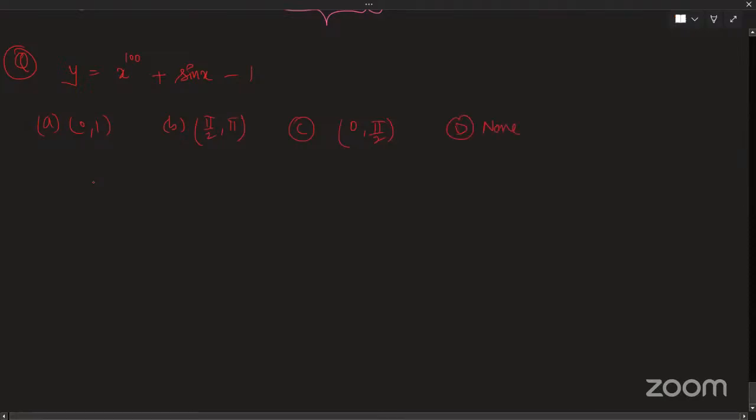So you need to tell in which of these intervals is your function y decreasing. Only decreasing, in the whole interval. So can you tell me what will be the value of dy by dx?